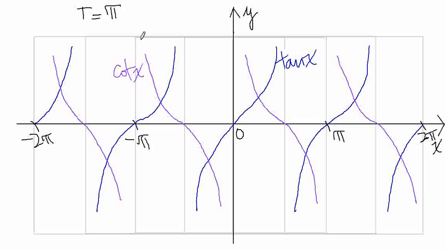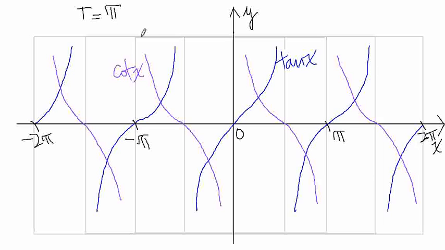The graphs also extend indefinitely to the right and left. However, there are certain points that are not in the domain. That's because there are vertical asymptotes. For example, the blue curved segments do not include the points with x equal plus or minus pi over 2 or x equal plus or minus 3 pi over 2.